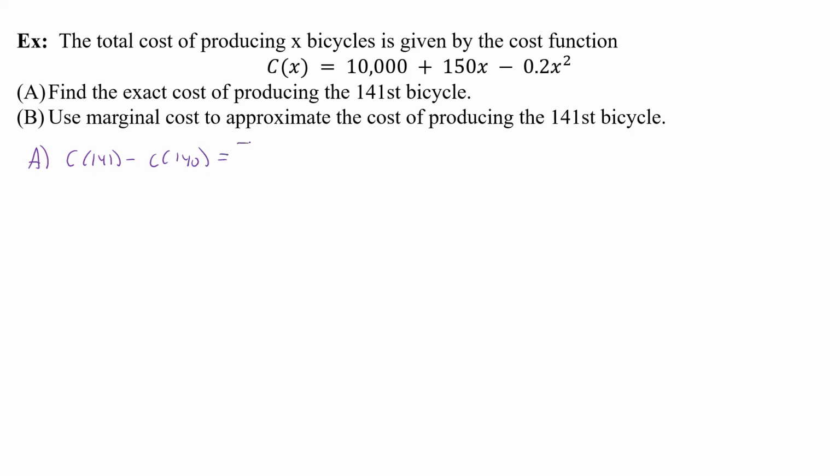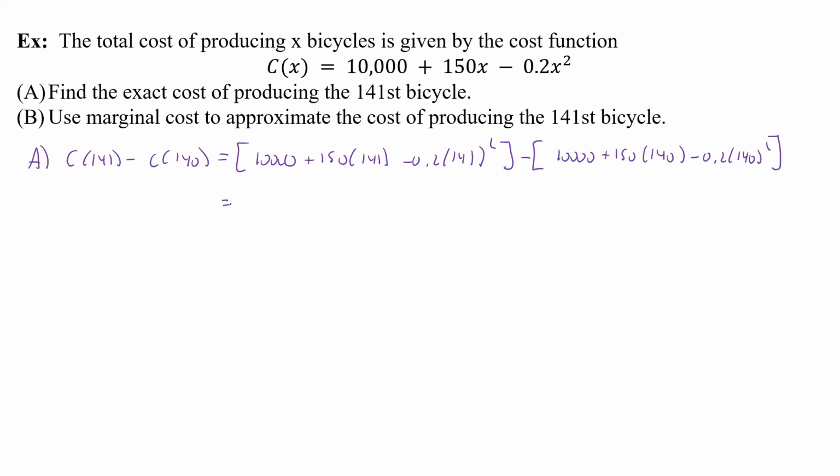And so that's going to be 10,000 plus 150 times 141, minus 0.2 times 141 squared, minus 10,000 plus 150 times 140 this time, minus 0.2 times 140 squared. And so that should give us the exact cost.